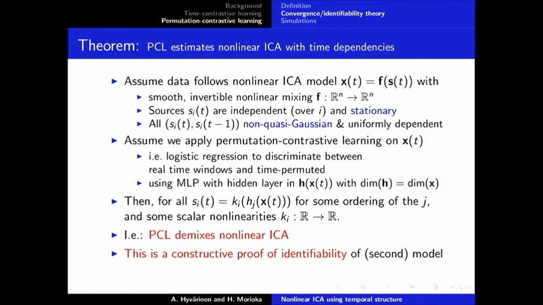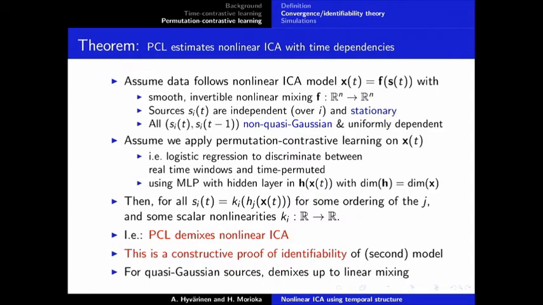Okay, and here then the question is what happens if the sources actually are quasi-Gaussian. Now, in the basic linear ICA case, we know that if the sources are Gaussian, then we can't really do anything. But in the time-dependent case, actually, even Gaussian variables can be separated under certain conditions. So it's actually interesting to see what happens in the quasi-Gaussian case.